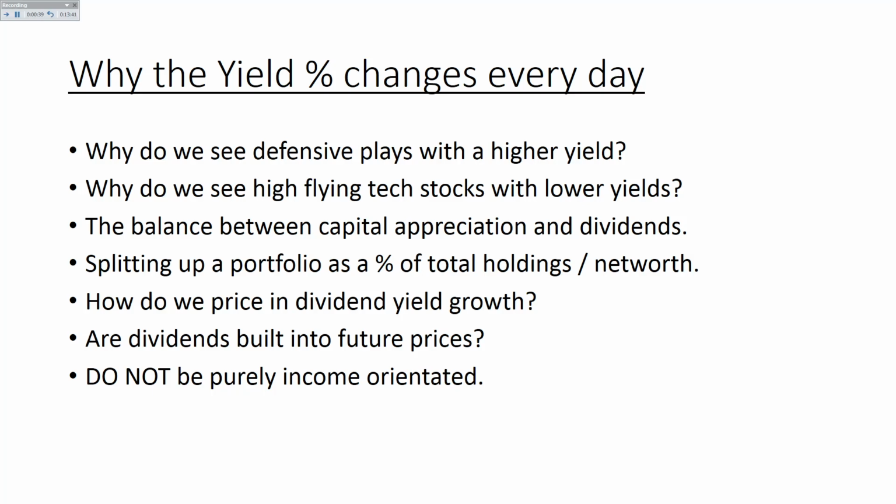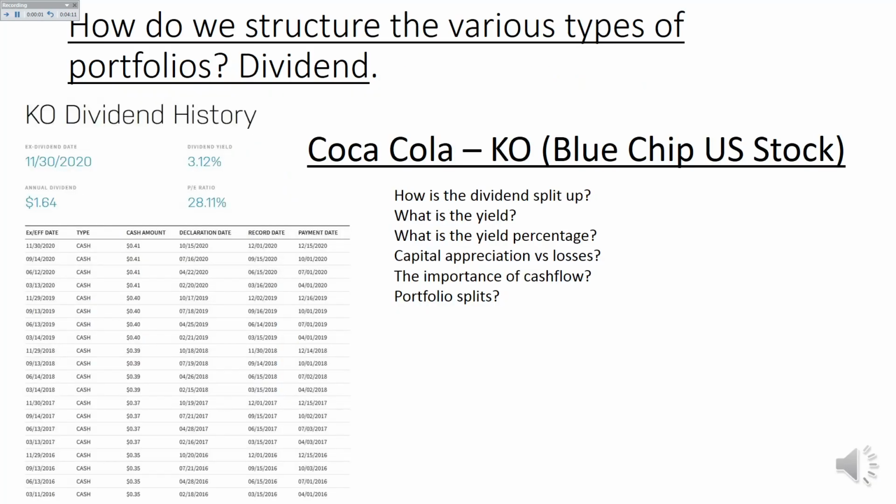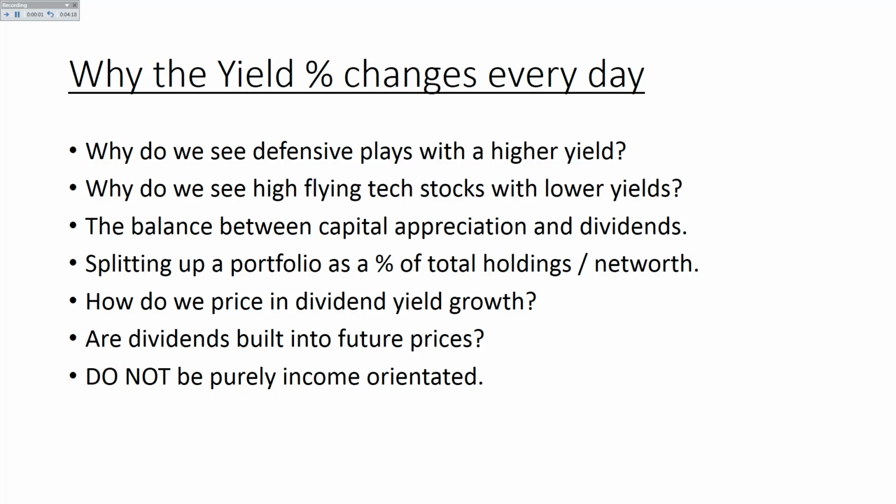So Coke, the example that we gave, we can see over the last 4 years the dividend growth that we've had, but it's been in line with share appreciation. Okay, so that's really important. And are our dividends built into future prices, and do not become purely income orientated. I've seen so many investors have different investment goals and plans.